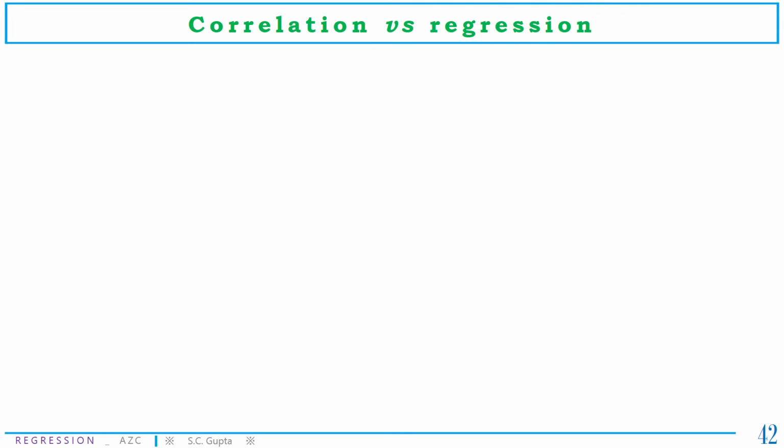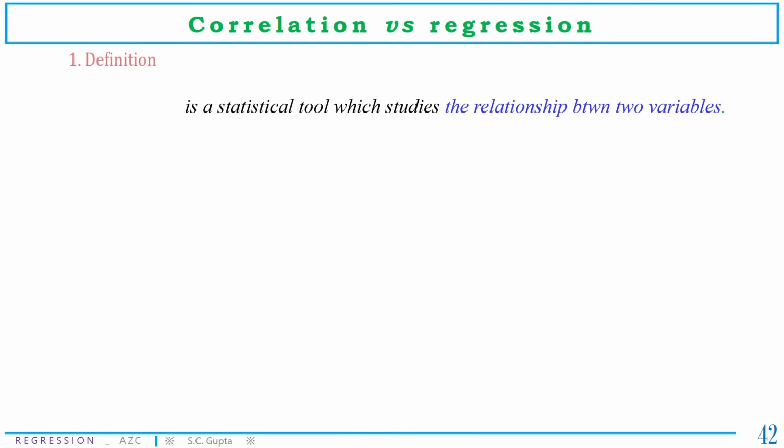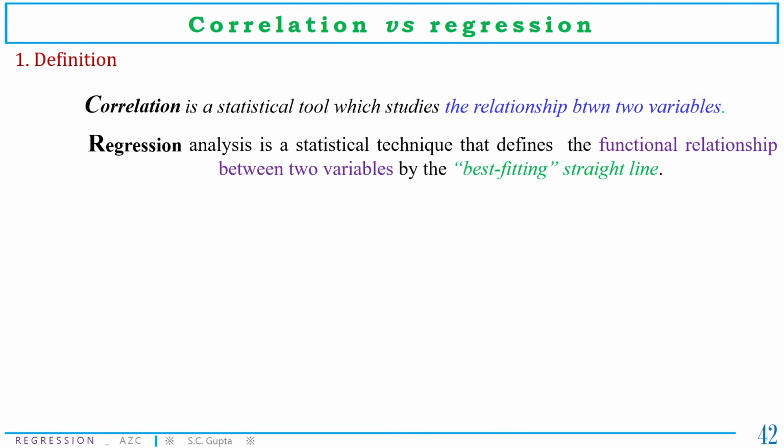Correlation versus regression. Let's see differences between correlation and regression. Difference based on definition. Correlation is a statistical tool which studies the relationship between two variables, while regression analysis is a statistical technique that defines the functional relationship between two variables by the best fitting straight line.